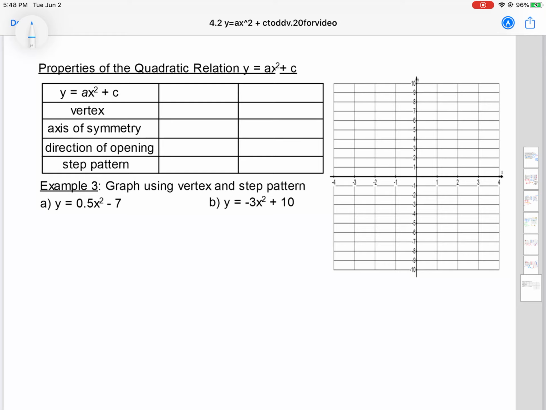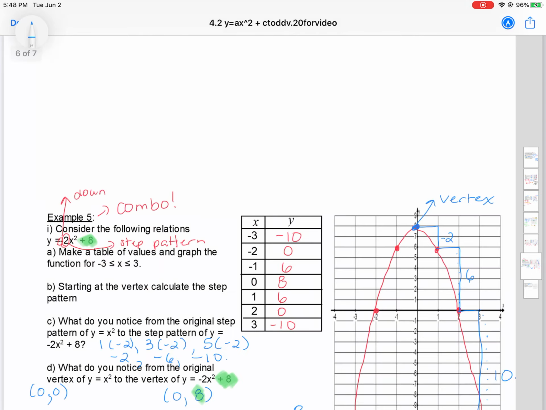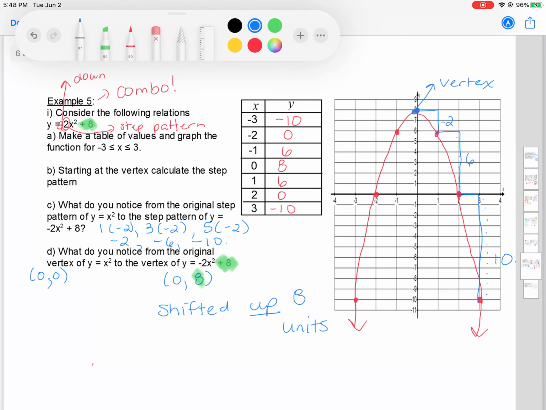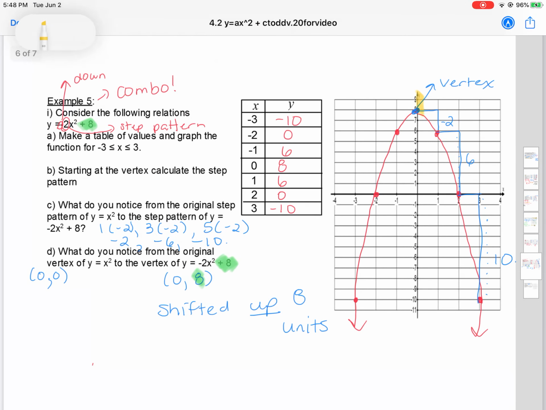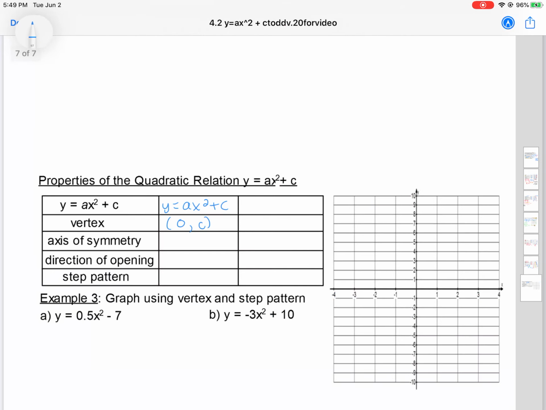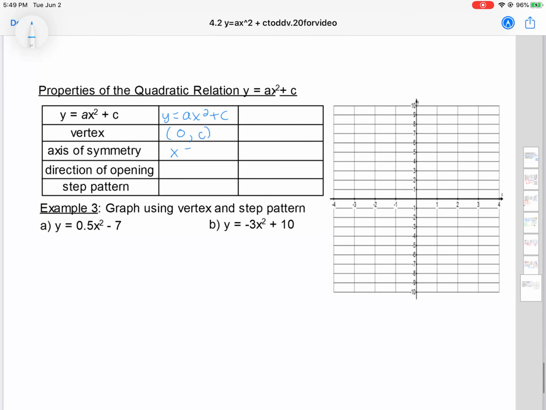Okay, so if you have a positive A value, then the vertex is going to be 0, and then whatever this C value is, not going to be 0, 0 anymore. The axis of symmetry, so it's still symmetrical. I think we highlighted it yesterday. It's still symmetrical around the x-axis, or y-axis, sorry. So x equals 0.